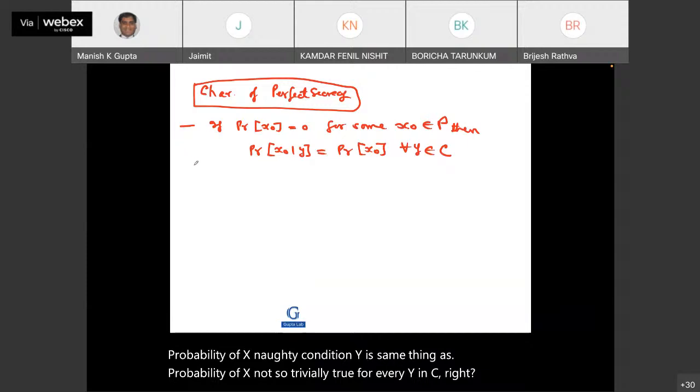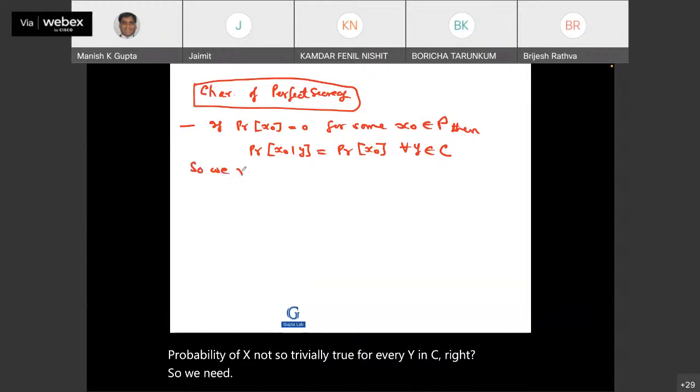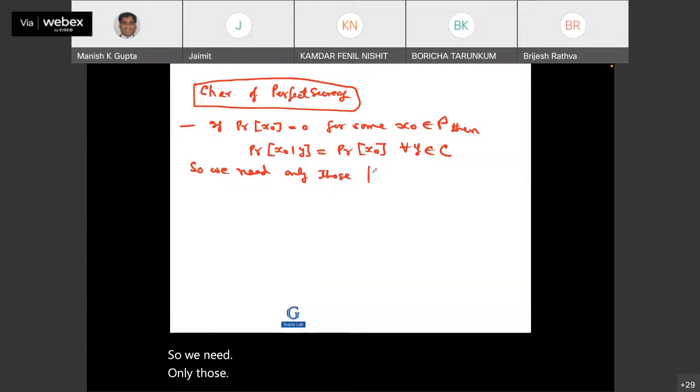So we need only those plain text x in P such that the probability of x is positive.